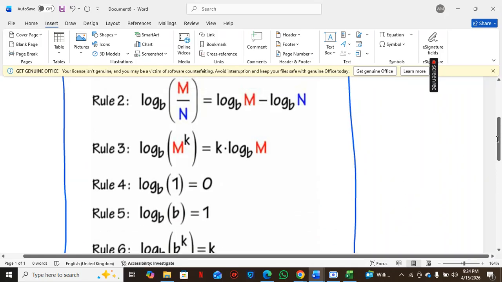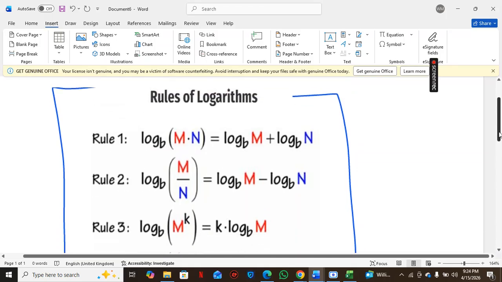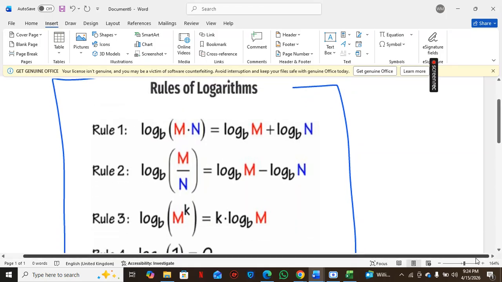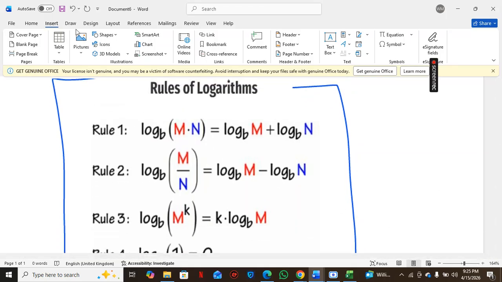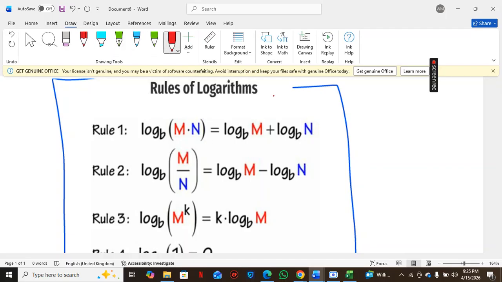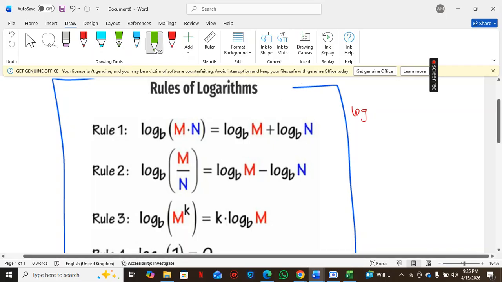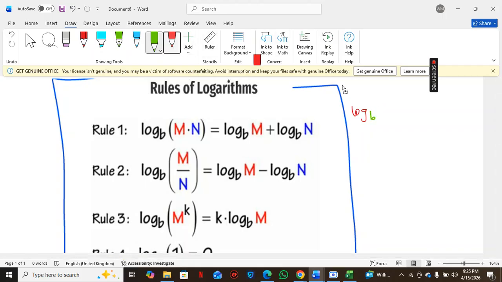Part A is saying log_b of (pq squared). Okay, so we need to simplify this.